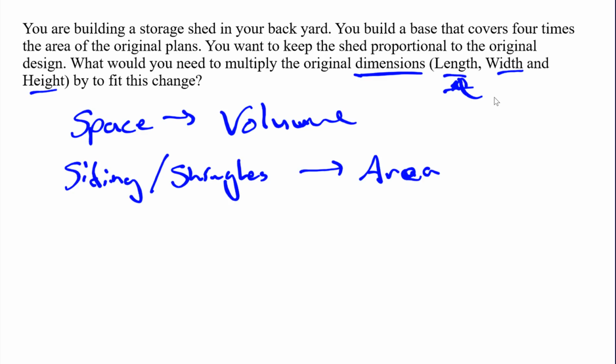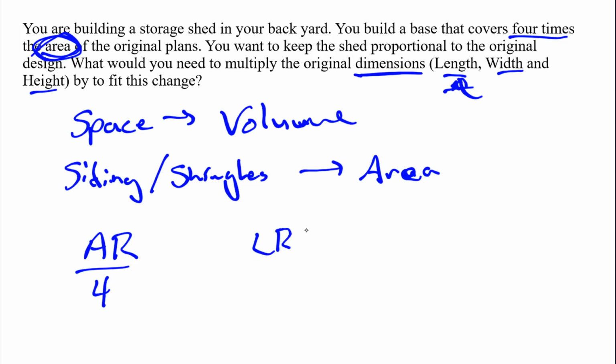So if we look at this specific problem, you're going to build a base that covers 4 times the area of the original plans. You want to keep the shed proportional to the original design, which means they're going to be similar objects or similar solids. What would you need to multiply the original dimensions by if you want the floor to be 4 times the area? 4 times the area, that tells you that they're giving you your area ratio, which is 4.